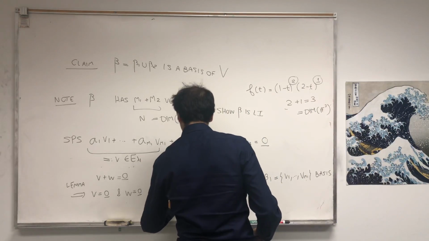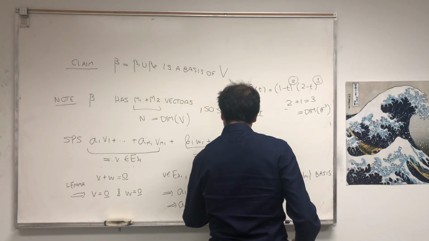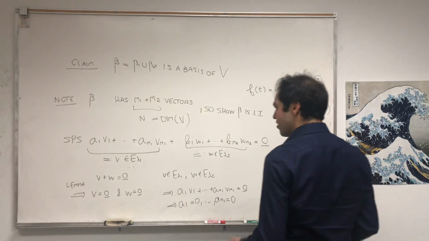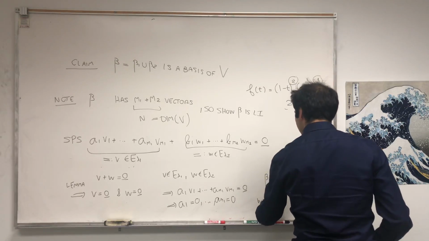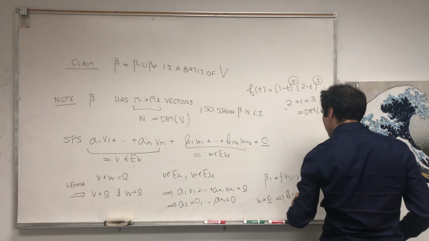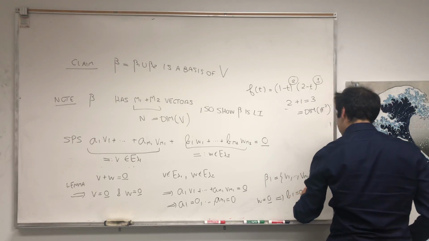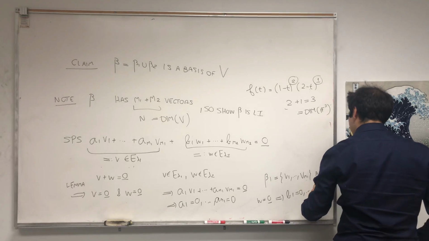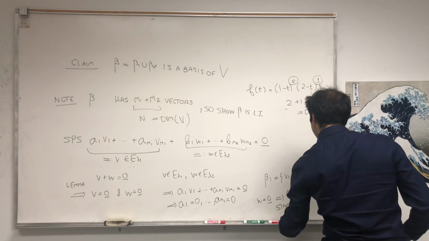So you conclude that a1 equals 0, dot dot dot, am1 equals 0. And similarly, because w equals 0, you conclude that b1 equals 0 up to bm2 equals 0, since beta 2 is a basis.